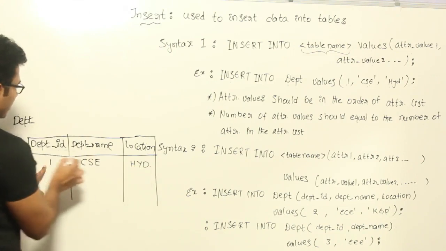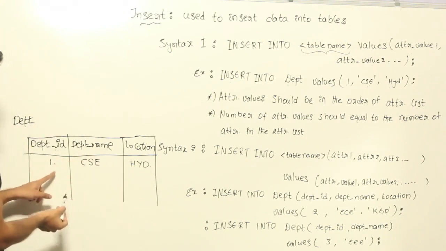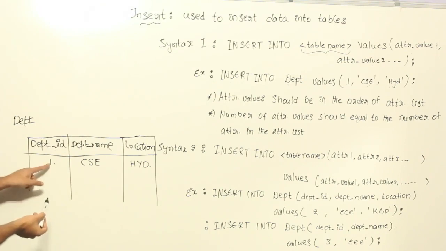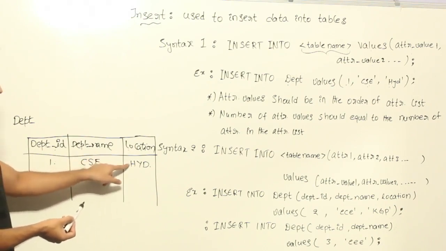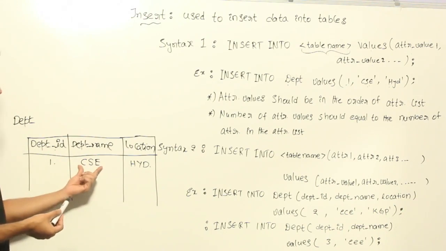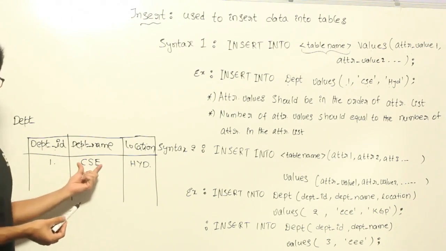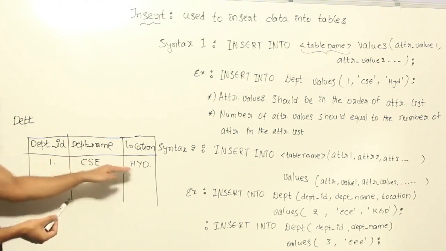Now how do you know that department ID has to be 1? Because out of the 3 values entered, you go by the order. First comes 1, that is why it belongs to the department ID, next comes CSC, and next comes location. When you are using this kind of syntax, you cannot miss out any of the attributes, or change the order in which you specify them.